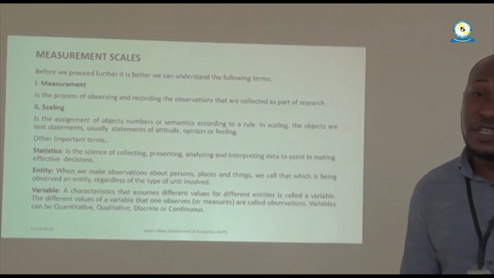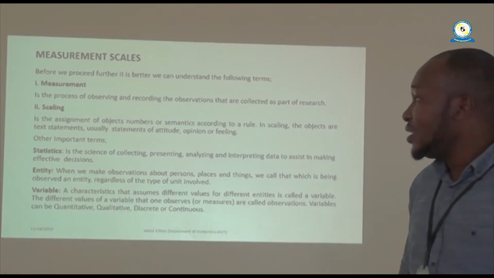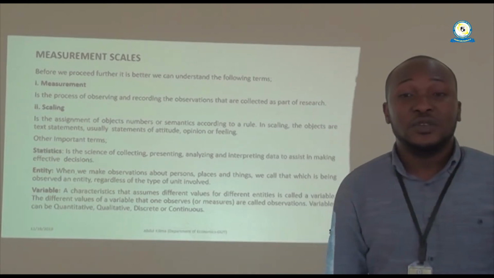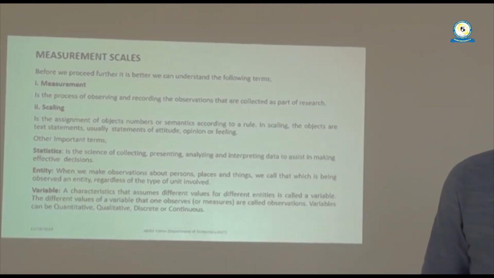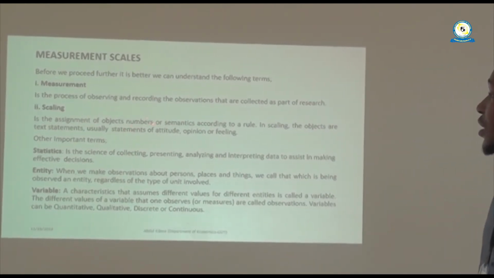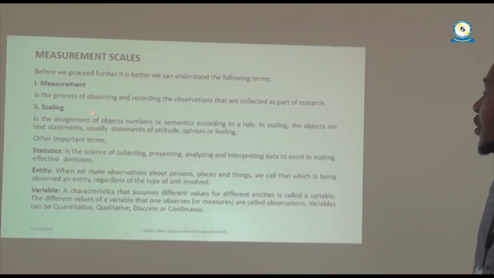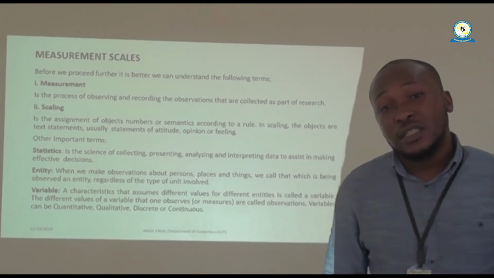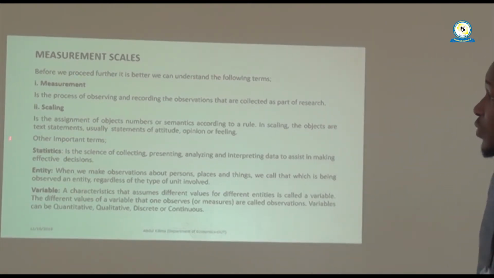But another part of measurement is scaling. What is scaling? Scaling is the assignment of objects, numbers or semantics according to a rule. Here we've observed the Suzuki cars, and now you're getting the number observed: 1, 2, 3, 4, 5, 6. Okay? And another important term is statistics, because when we are doing measurement and scaling, we are dealing with statistics.